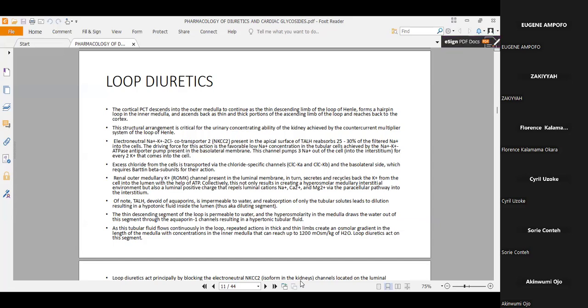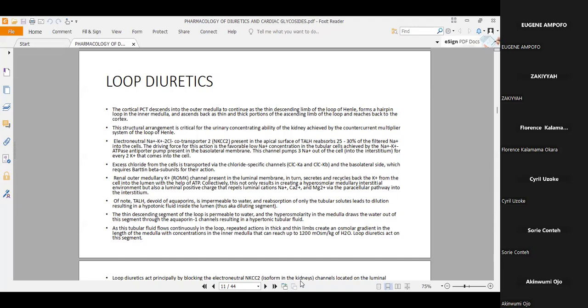So in the thick ascending limb of the loop of Henle, we have the transporter which reabsorbs 25 to 30% of the filtered sodium into the cells. The driving force for this action is the favorable low sodium concentration in the tubular cells achieved by the sodium potassium ATPase pump, which is present in the basolateral membrane.